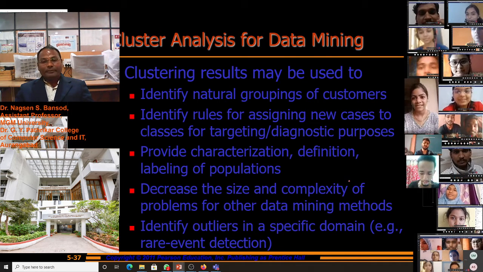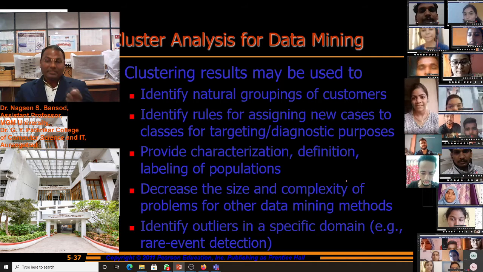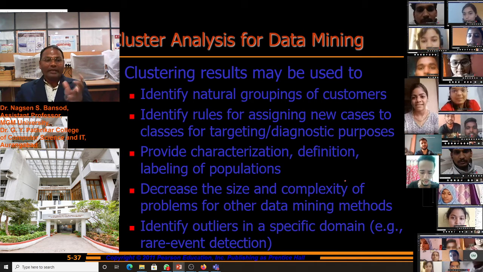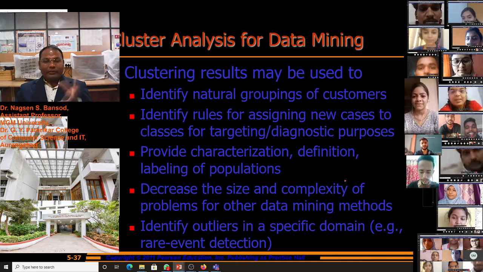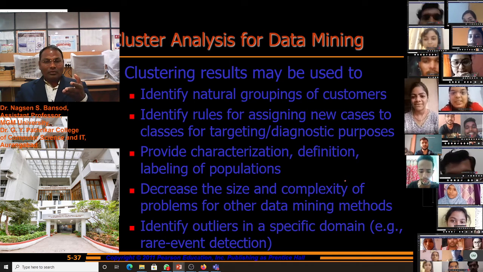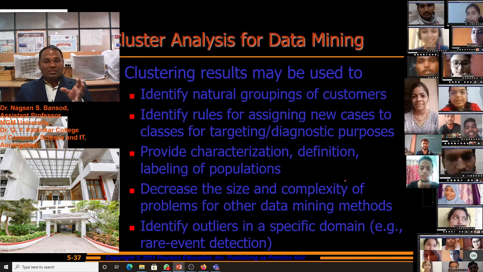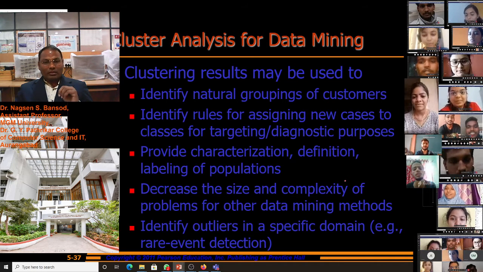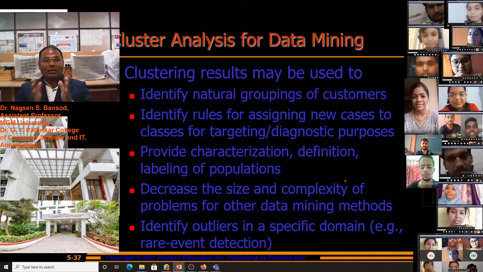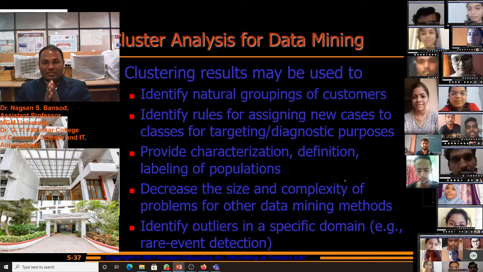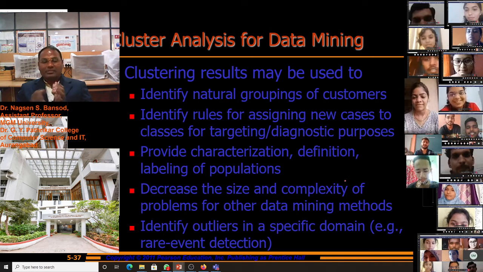As we want to implement this algorithm for our business purpose, we have to identify the category of a customer, which customer will buy our product. We have to make the classes of such types of customers with the help of the clustering technique.